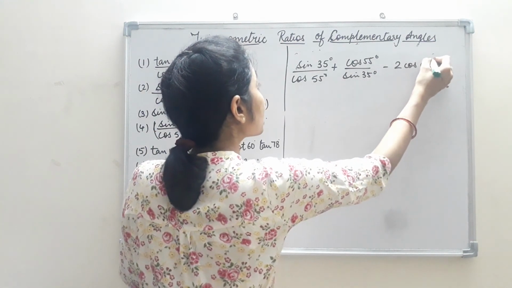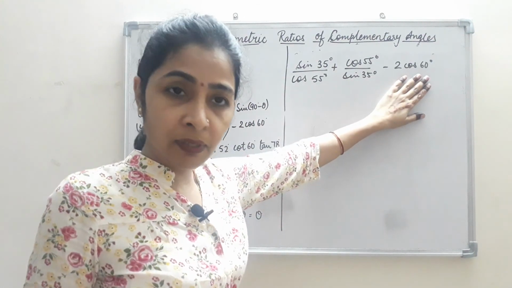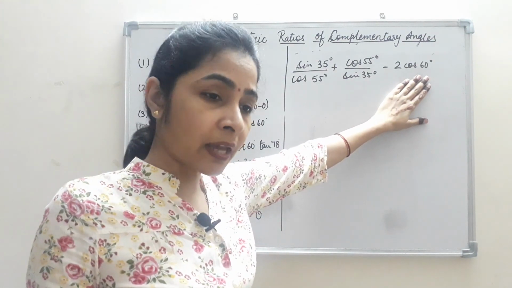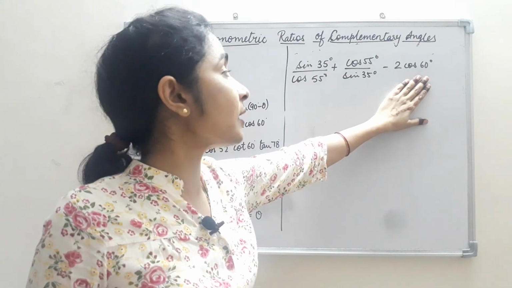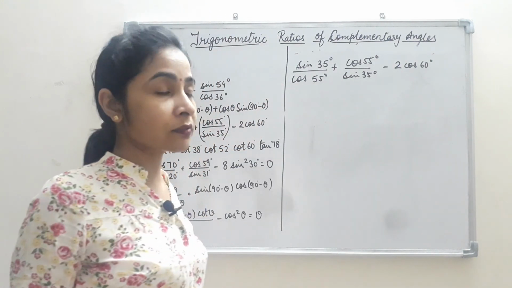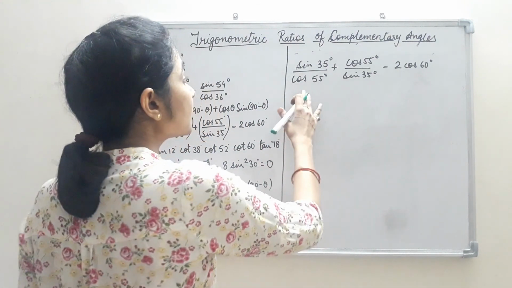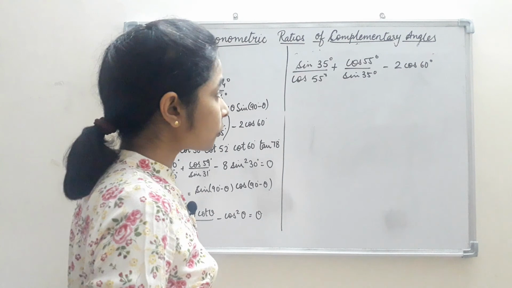Here we can keep the value of cos 60 degree, because we need not refer to the table for that. We have already memorized these things, they are on our tips. So the value of cos 60 degree is equal to 1 by 2, or half.